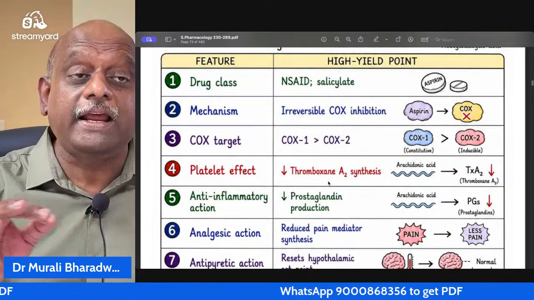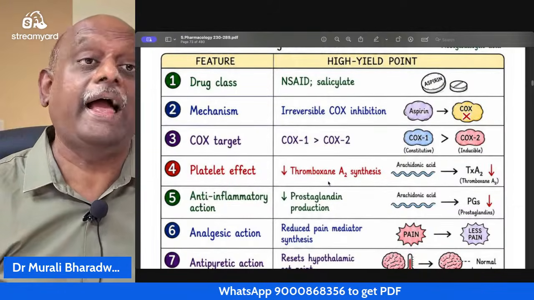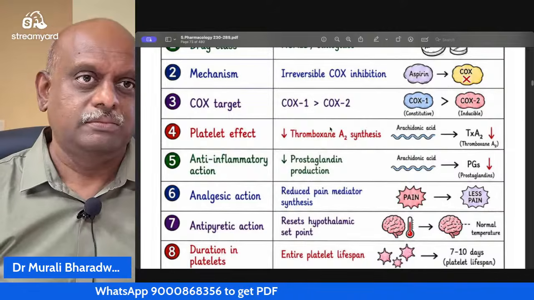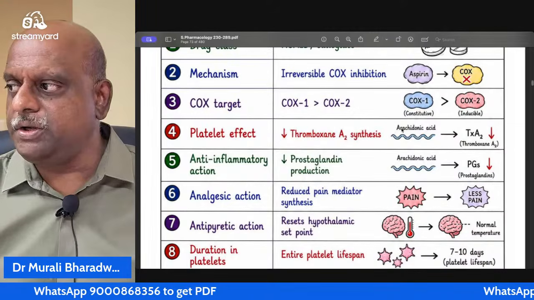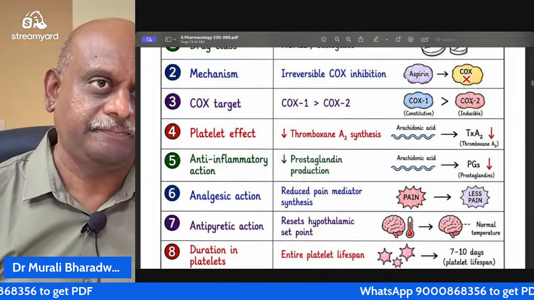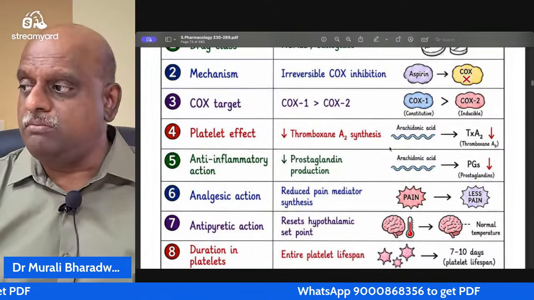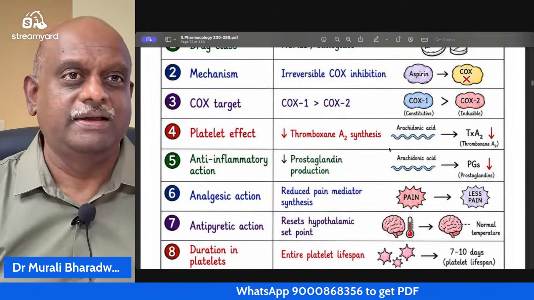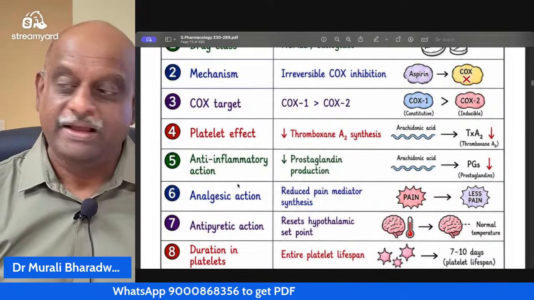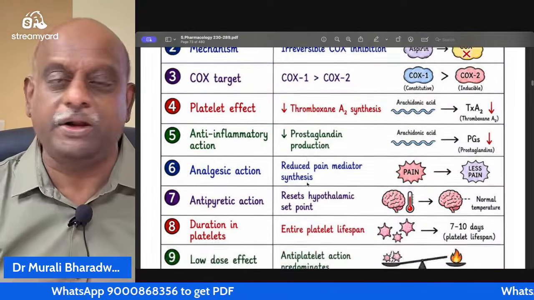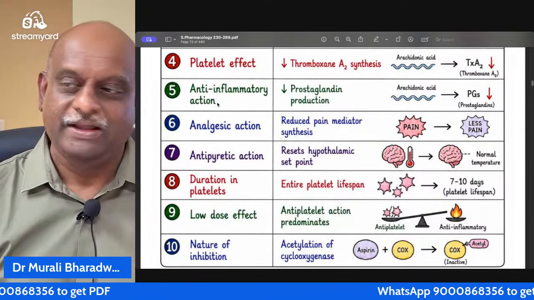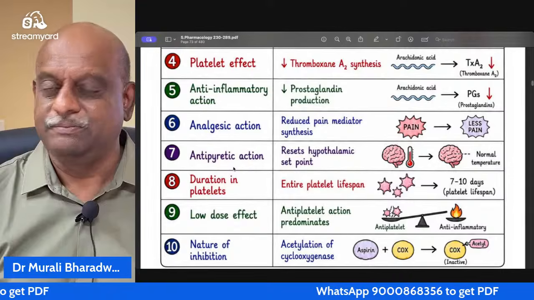Irreversible COX inhibition is aspirin. COX-1 more than COX-2. COX-1 is constitutive, COX-2 is inducible form of cyclooxygenase. It decreases thromboxane A2 synthesis. That is the reason it has the antiplatelet action. It decreases prostaglandin production, which gives it anti-inflammatory action and analgesic action, both of them.